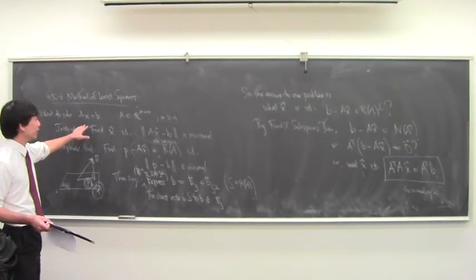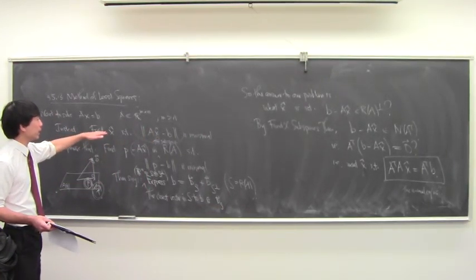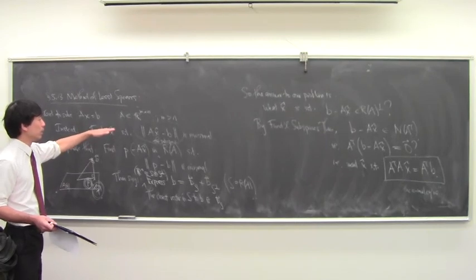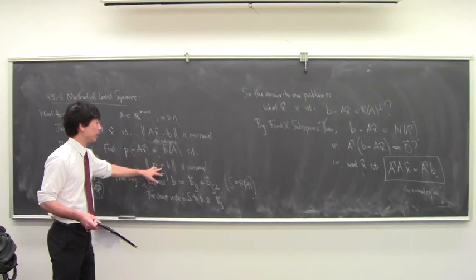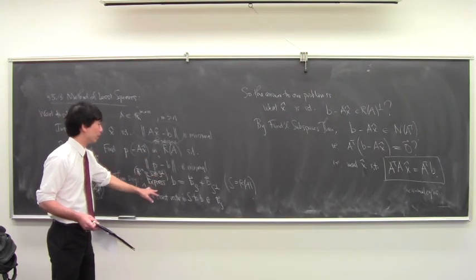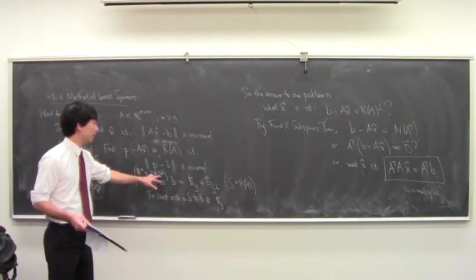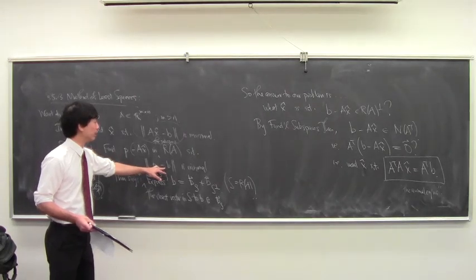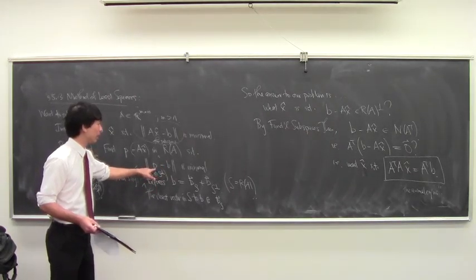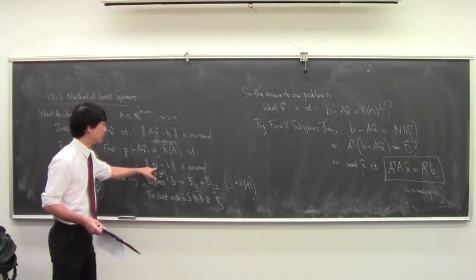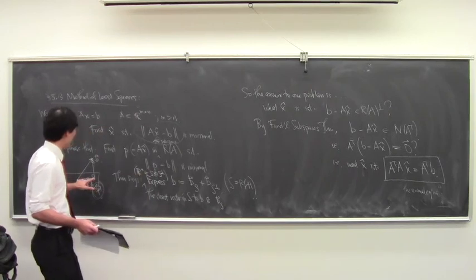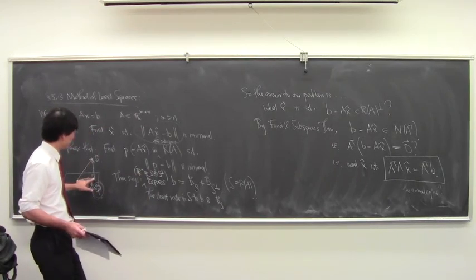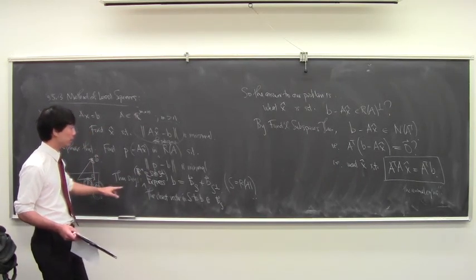This is the story: we're looking for this x such that this is minimal. That's the same thing as looking for the p in the range of A such that this is minimal. We have from theory the fact that that's going to happen whenever p is the perpendicular projection of b onto the space.